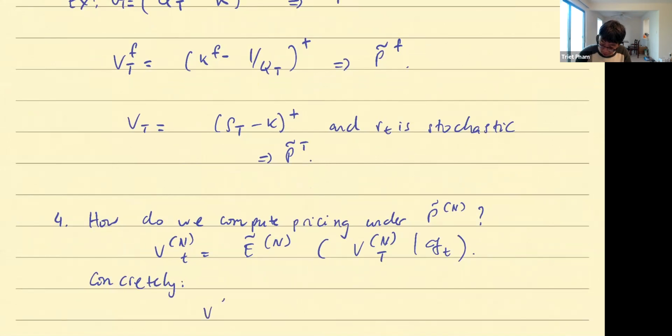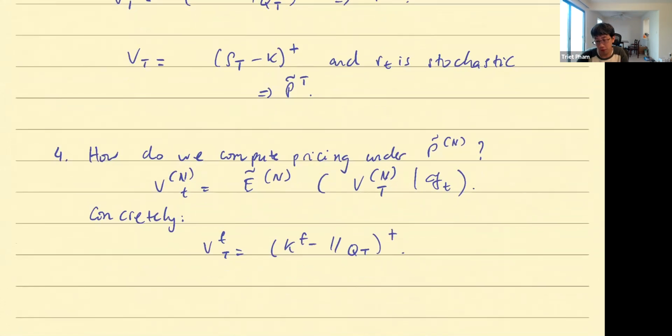suppose that you have VF is KF minus 1 over QT. All right. So concretely, first of all, as we mentioned before, translating this abstract formula into this framework means that this will be this.